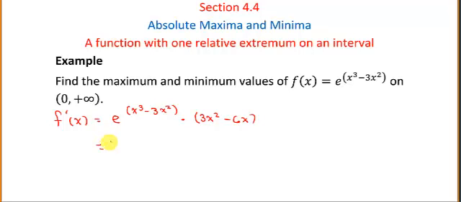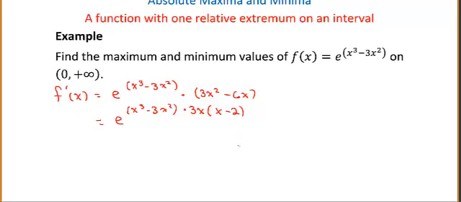There's not too much we can do with the exponential here. But in 3x squared minus 6x, we could take out a factor of 3x, and we'd be left with x minus 2. And now we can find out where this is 0 or undefined. The exponential function is never 0. It's never undefined, assuming the exponent is defined, and it is in this case.